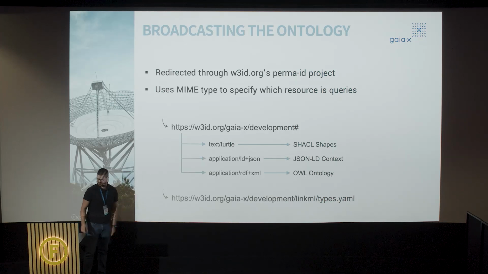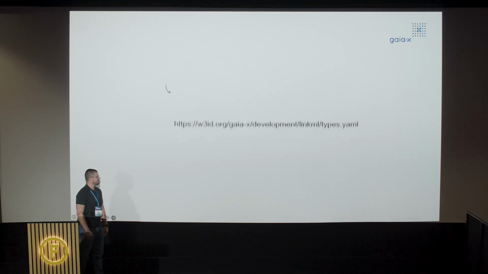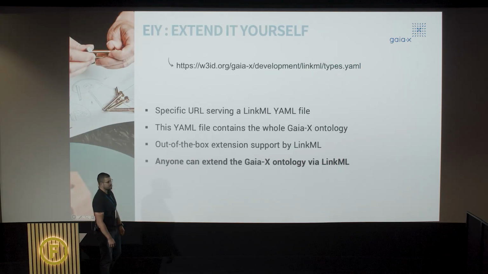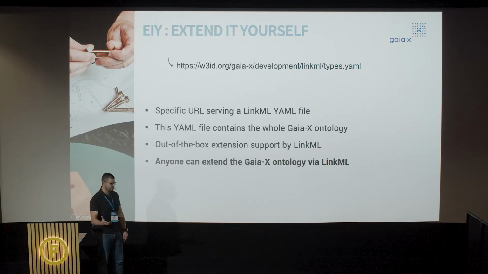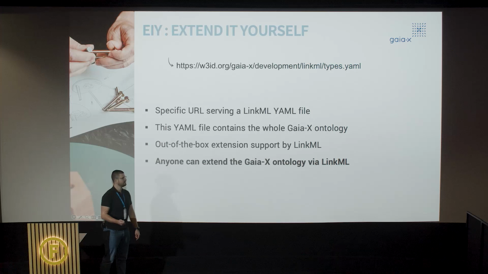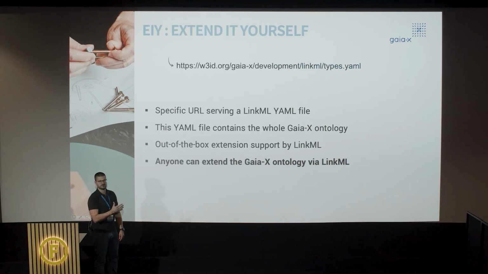And we've got this little URL that exists too. What is it used for? It's used for LinkML. The FAIR principles, from the first slides I showed you, all talk about reusing, extending, and linking, and that's why we have this URL.